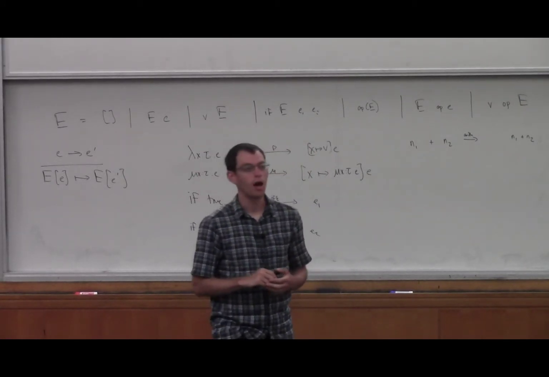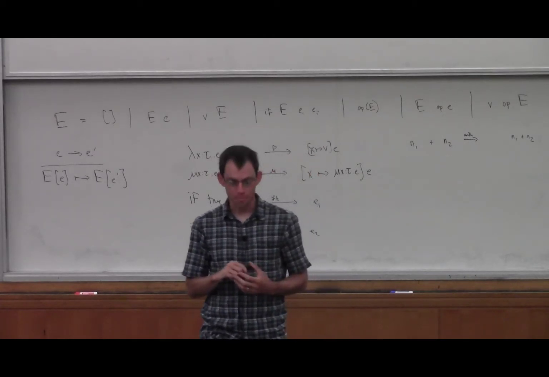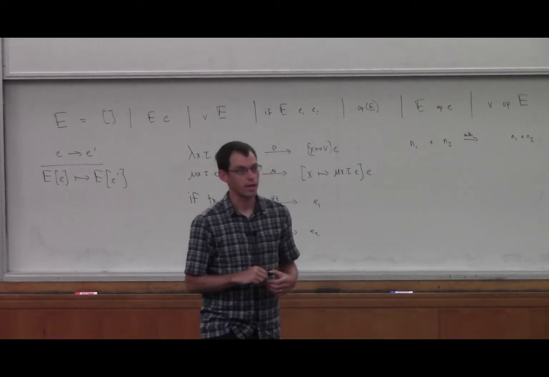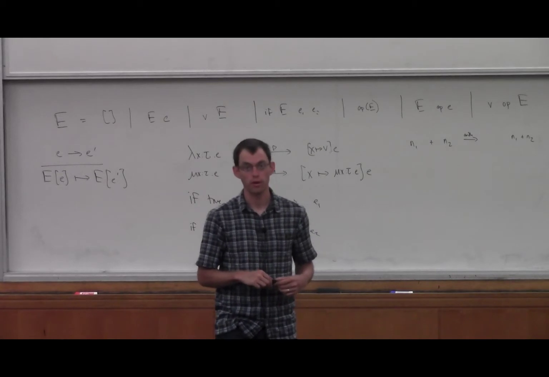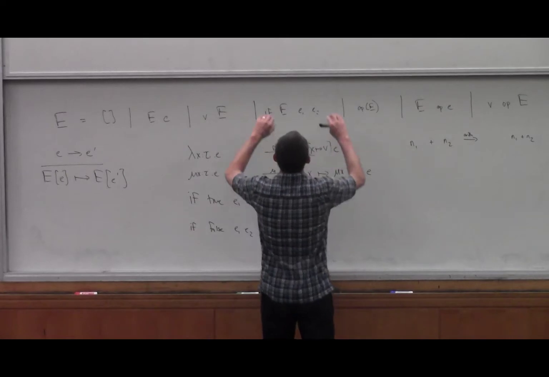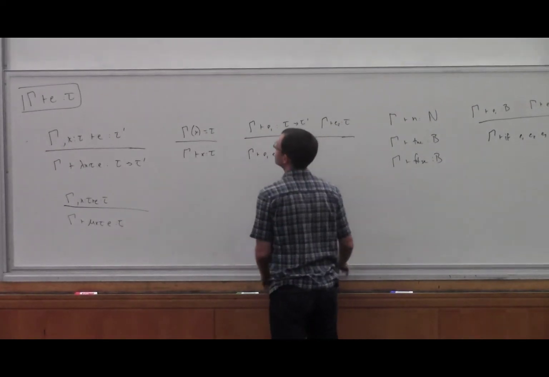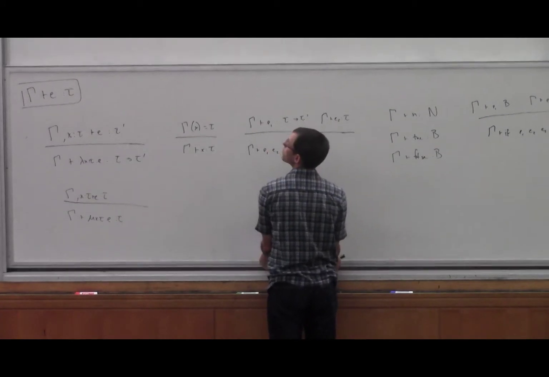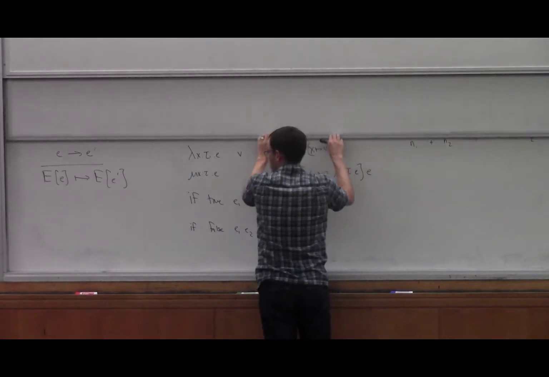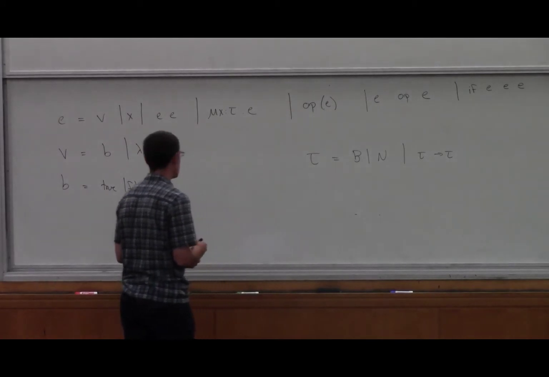Okay. However, I've now used half my time and we haven't seen any contracts. So I want to now move into looking at the semantics for contract PCF. So let's start by looking at the syntax.